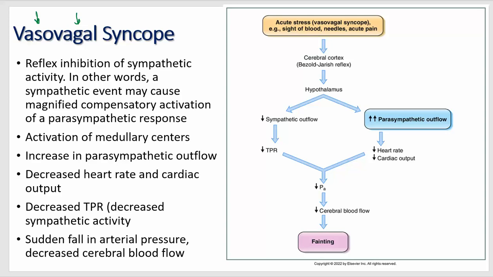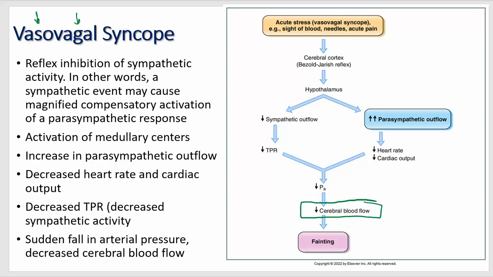So even though seeing blood may be like, oh my gosh, the body will sort of reflexively overcompensate, and the sympathetic system will say, all right, stop, and the parasympathetic system will be turned up, reduce sympathetic activity, and cause a decrease in the arterial pressure and, of course, a decrease in cerebral blood flow, which is going to cause fainting.